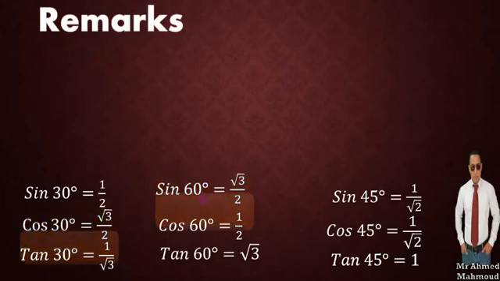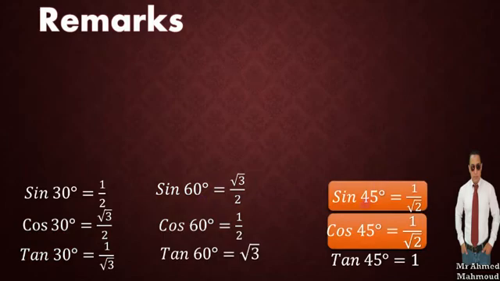Another example, sine 45 equals 1 over root 2, cosine 45 equals 1 over root 2, because 45 plus 45 equals 90. So the sine and the cosine are equal if the sum of the angles equals 90 degrees, like 30 and 60, like 45 and 45.